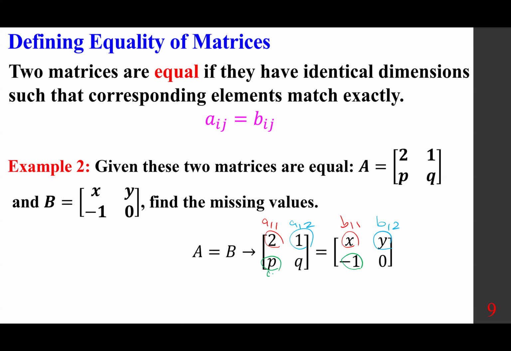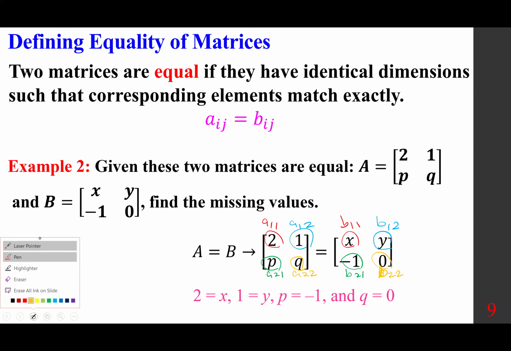Location for this one is A21, for this one is B21. These two must be identical. Q must be 0. Location would be A22, for this one, B22. That's pretty straightforward.